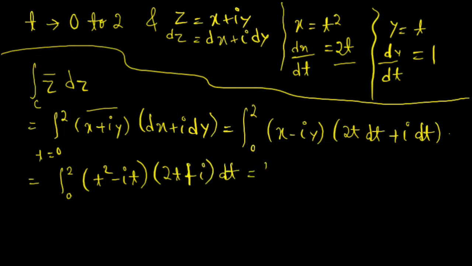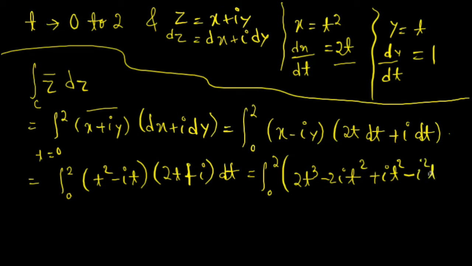Now this is equal to the integration from 0 to 2, and after multiplying we will get 2t cubed - 2it squared + it squared - i squared t dt. Now this is 2t cubed - it squared, and this is minus minus plus.